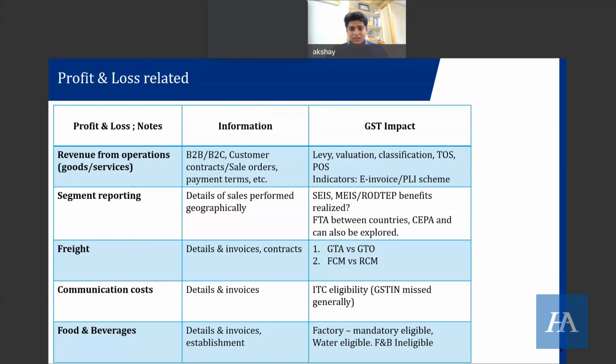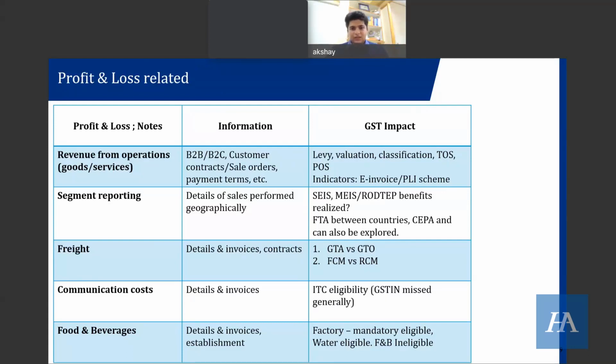Have I received MEIS script? So if that script is not there in my other current assets, I will understand that they have not applied, or they may not have applied for the script and have lost out on a benefit. This is just purely by seeing the financial statement.